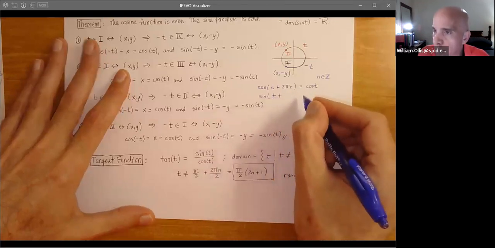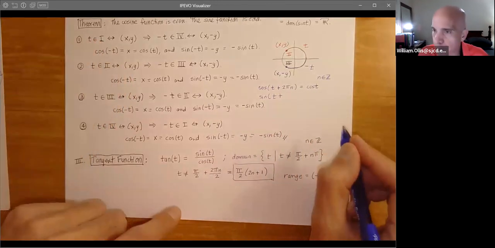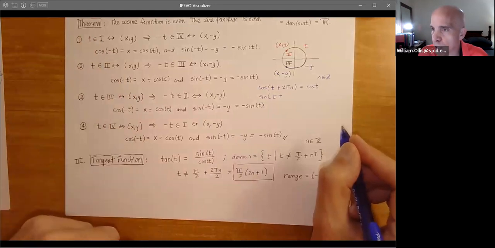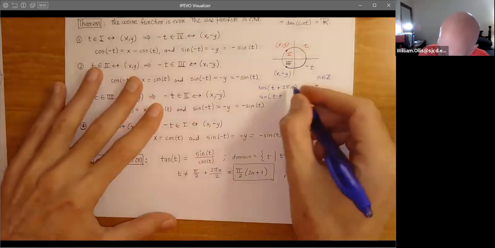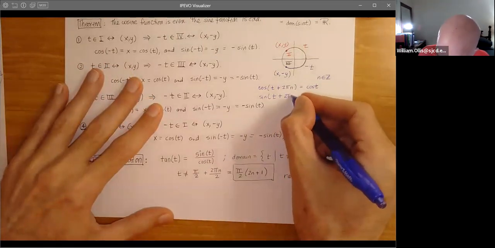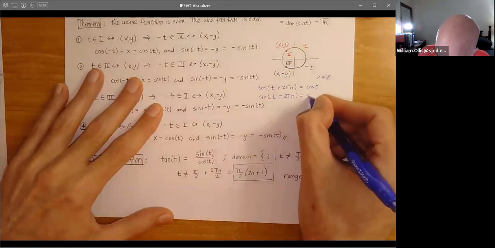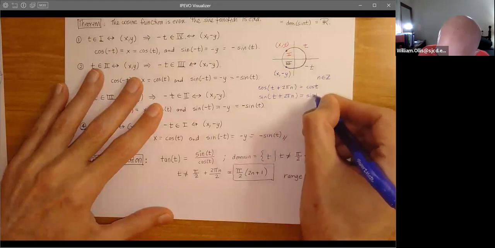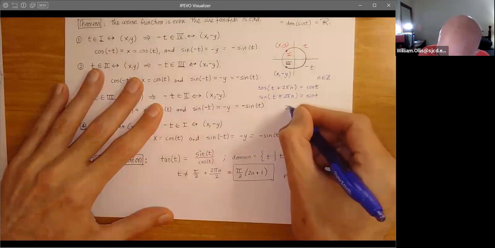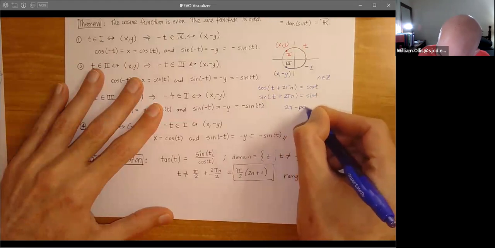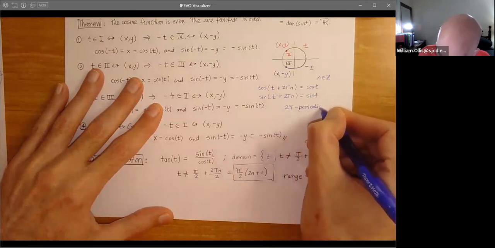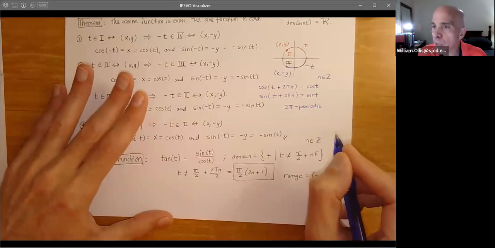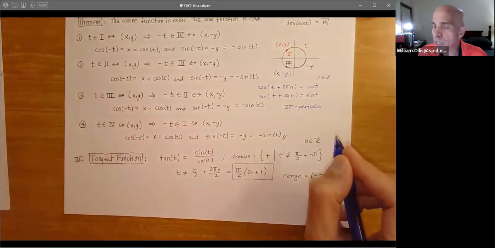This would be true of any trig function, but what we're going to find for tangent and cotangent is that they actually have a smaller period due to the symmetry of the unit circle. So 2 pi n is sine t. So we say 2 pi periodic. When we talk about a period of a function, we're thinking about the smallest positive real number that does not change the input.